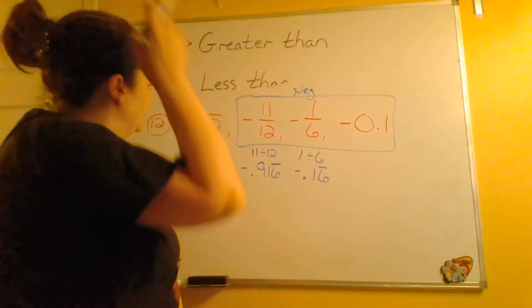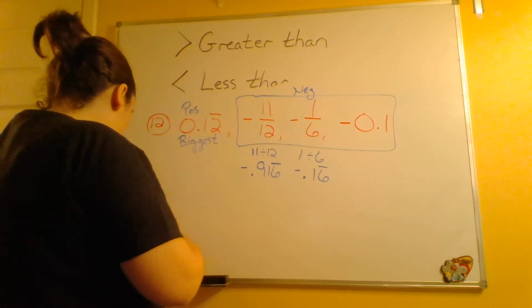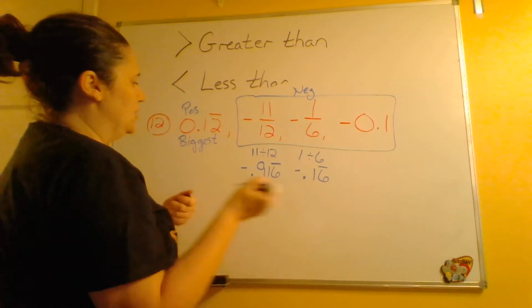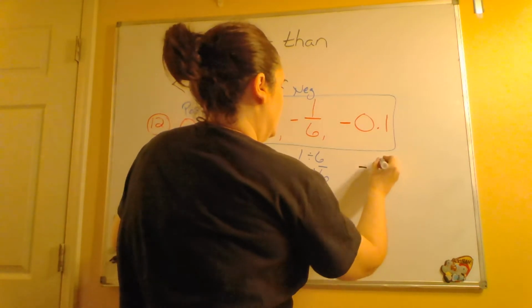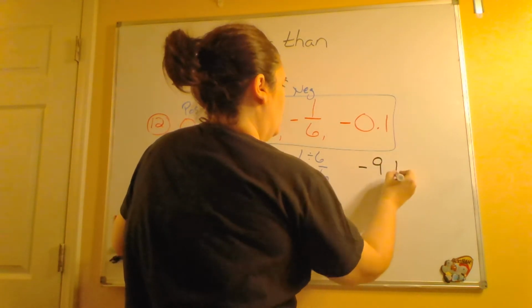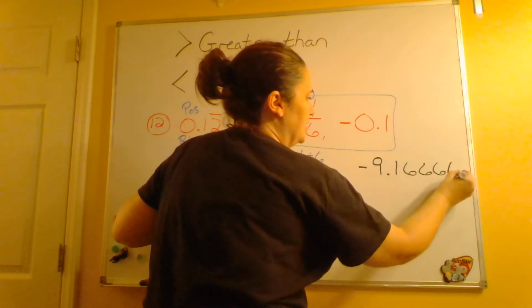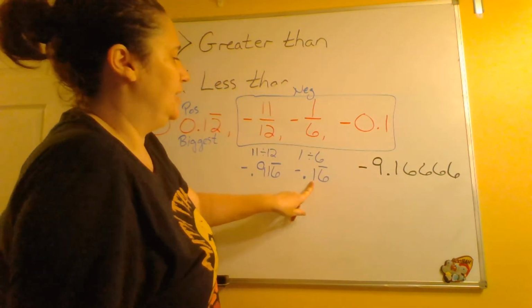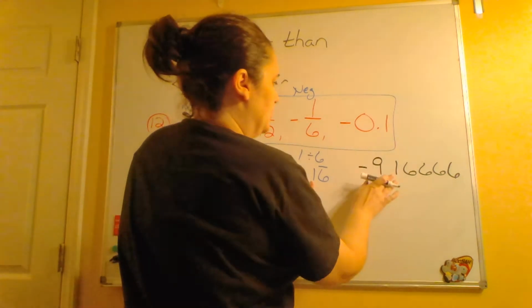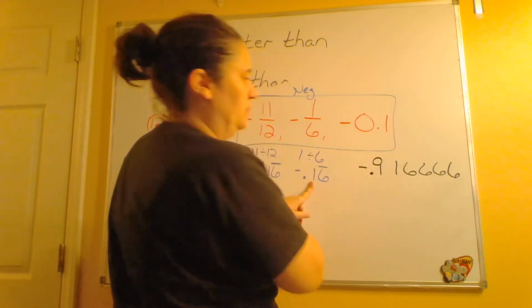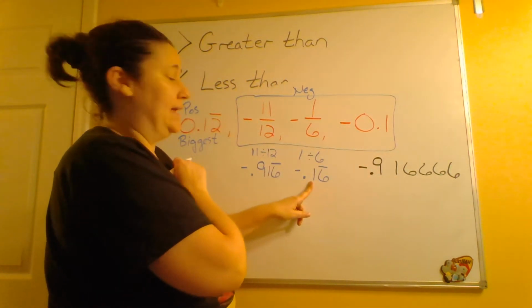Now that they are in decimal form, I can line them up. Let's start with this one. Negative 0.916, and that 6 repeats, so let me write a couple of 6's. Whoops, for this top one, I'm sorry, the decimal point is right there. You guys are probably yelling that at me.